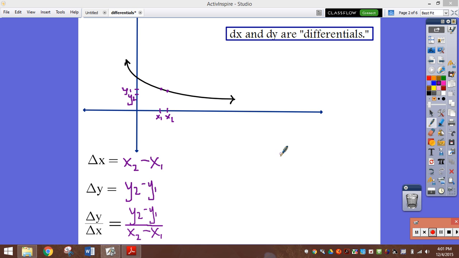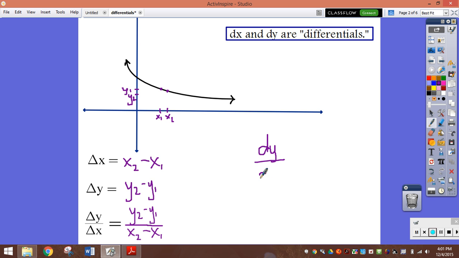So all this is territory you're familiar with, but here's where it turns into something new. So the idea is that delta y over delta x is the same thing as dy over dx. We just replace the delta with the d, but the meaning's the same. And we know that this is the derivative, so this is the same thing as f prime of x.